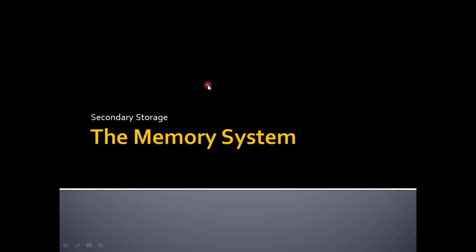Good morning, students. Now, in this class, we are discussing secondary storage devices. So, what are the secondary storage devices we are using? Suppose the main memory is not sufficient to store our programs or our data, then we use secondary storage devices.